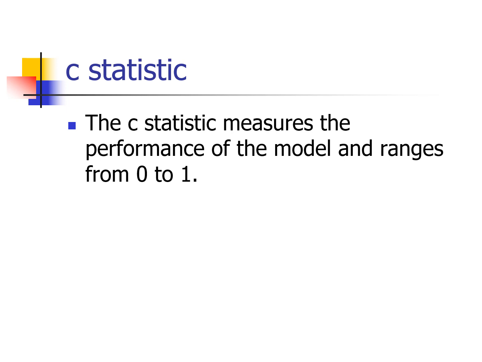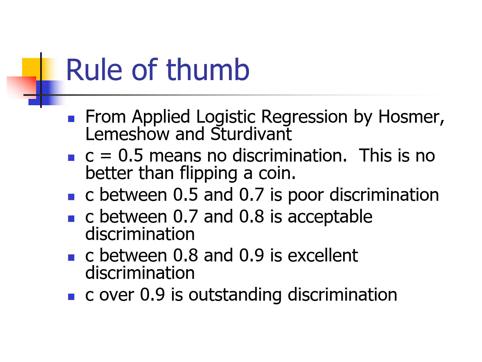So the C statistic measures the performance of the model, ranges from 0 to 1. I took this from the textbook Applied Logistic Regression, kind of the Bible of logistic regression. At least the first two authors, Hosmer and Lemeshow, are like the rock stars of logistic regression, and then at some point, in a later edition, this Sturdivant person kind of snuck in.